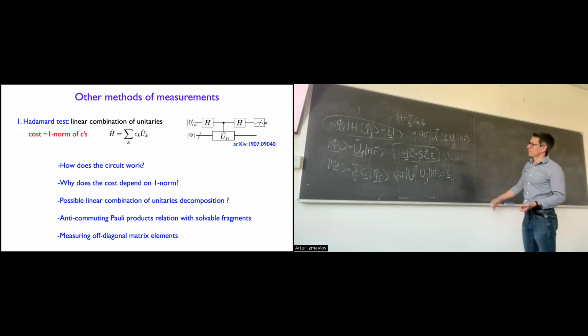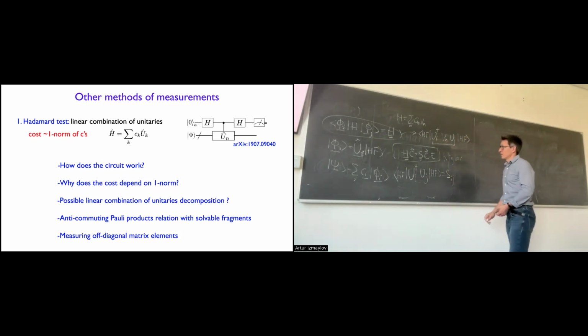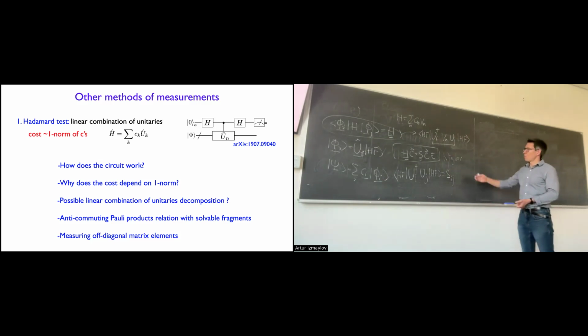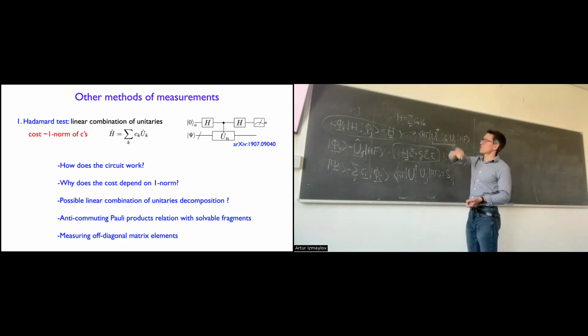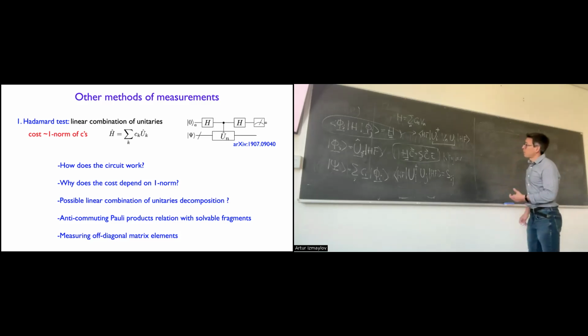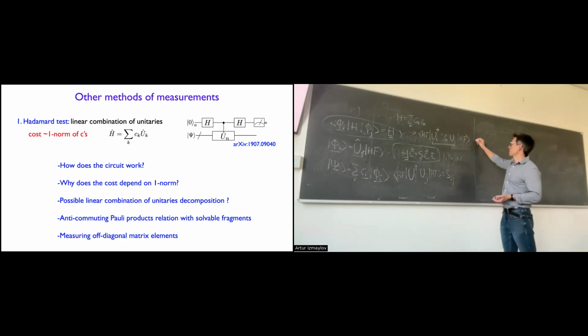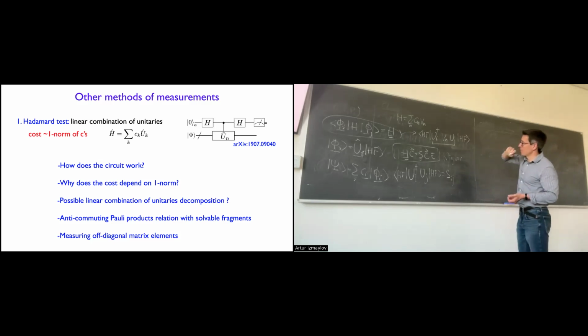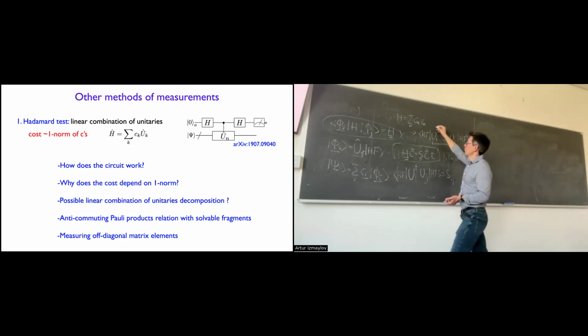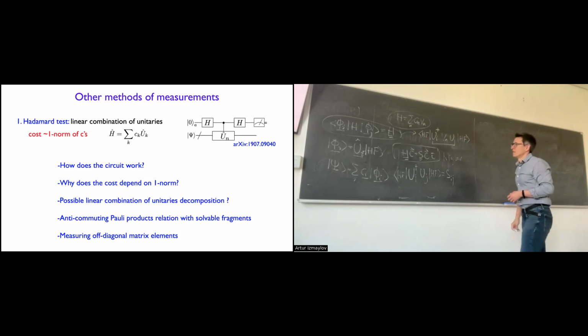Right, so the nice thing about unitaries is a product is again unitary, so one can simply use this circuit to implement things like this. Okay, very straightforward, but it turns out that you could actually do even sometimes better, meaning that you don't need to really do this in order to use this circuit.